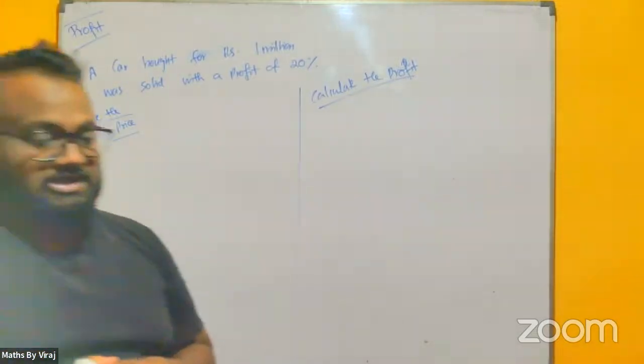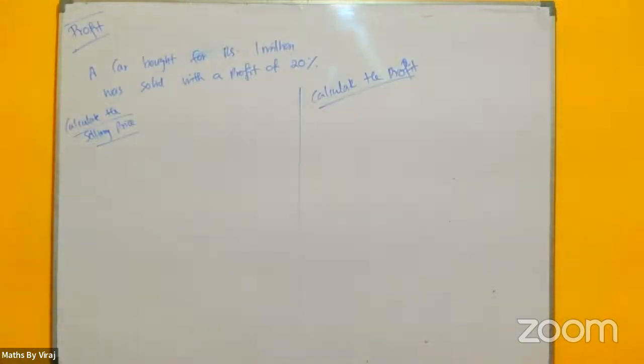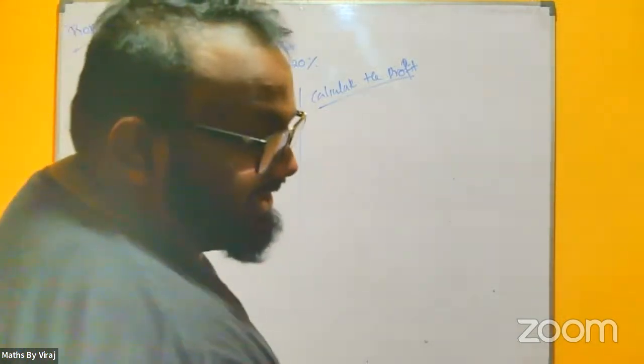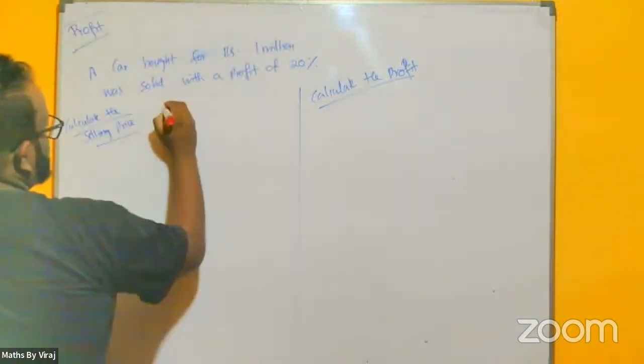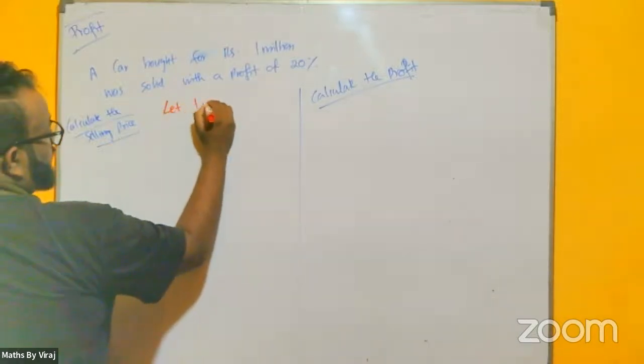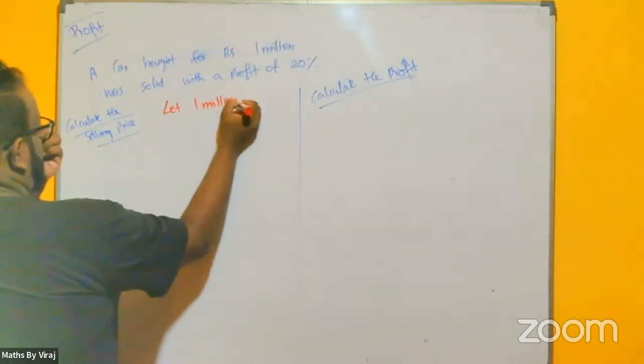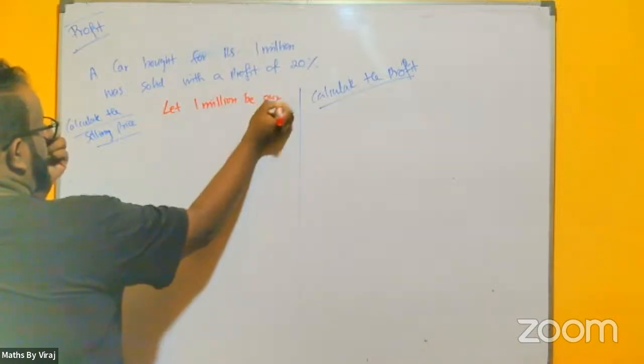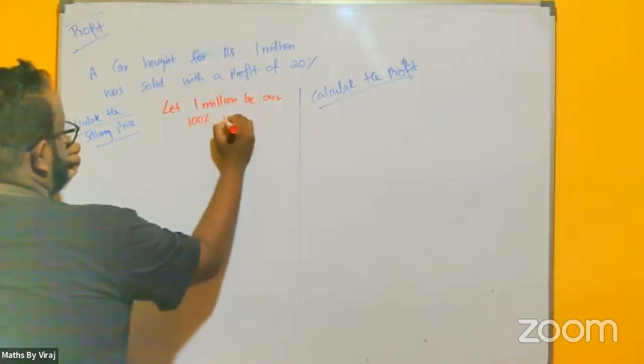There is a certain small assumption that we should make. Not the assumption actually, this is the truth, but we have to make sure that it is set and calculated properly. Let 1 million be our 100% value.